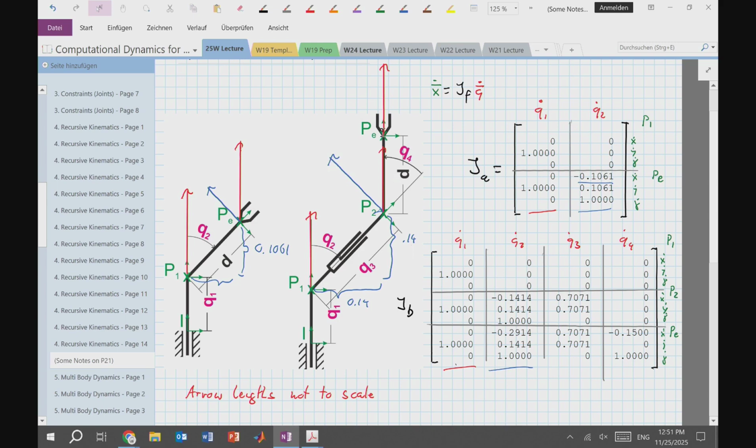What about point PE? Where is that moving? Or how do I construct the direction? Maybe that's the better question. Linking P1 to PE would take a very different direction.